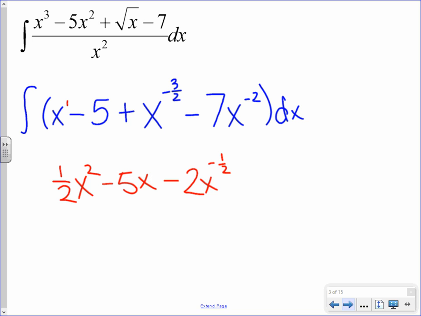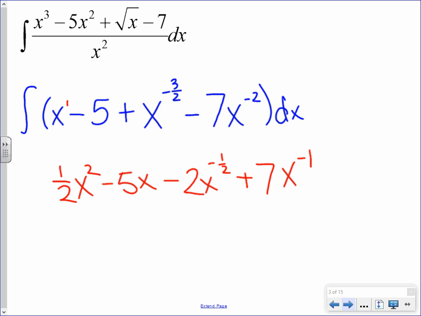Okay, and last but not least, Jake, what about -7x to the -2nd? Plus 7x to the -1.